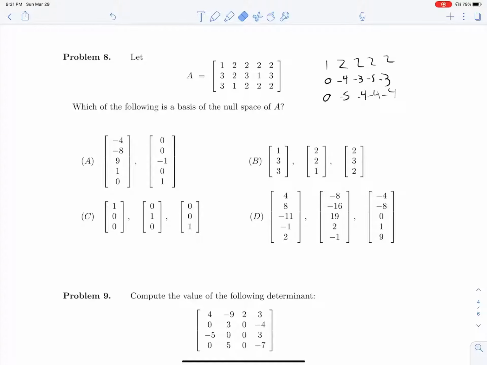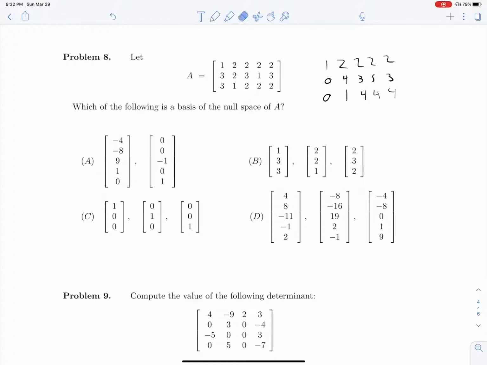I will invert all 2 of those rows, like so. And let's see what else we can do. Let's subtract row 2 from row 3.